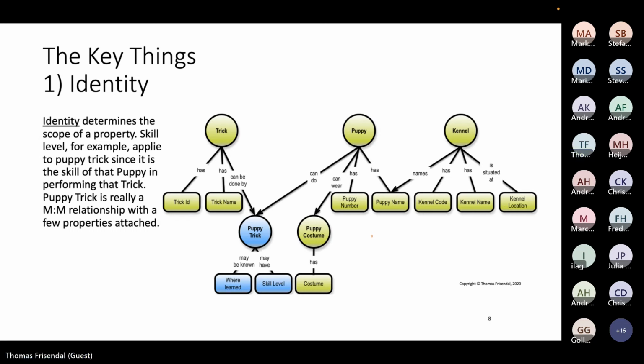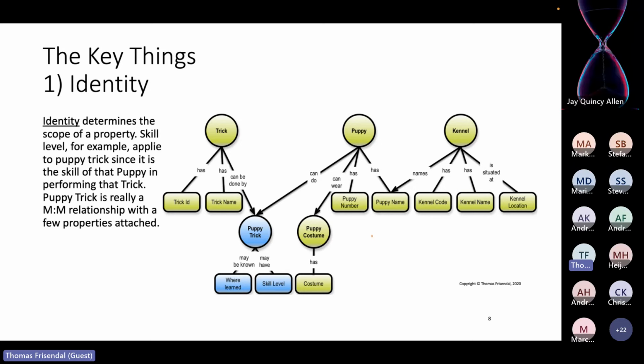Identity. I don't know if you remember the little poster that was issued together with the Database Programming and Design magazine in the 80s. It has a little database of puppies and kennels and tricks that the puppies could perform in order to be sold. And it's here depicted as a concept map.